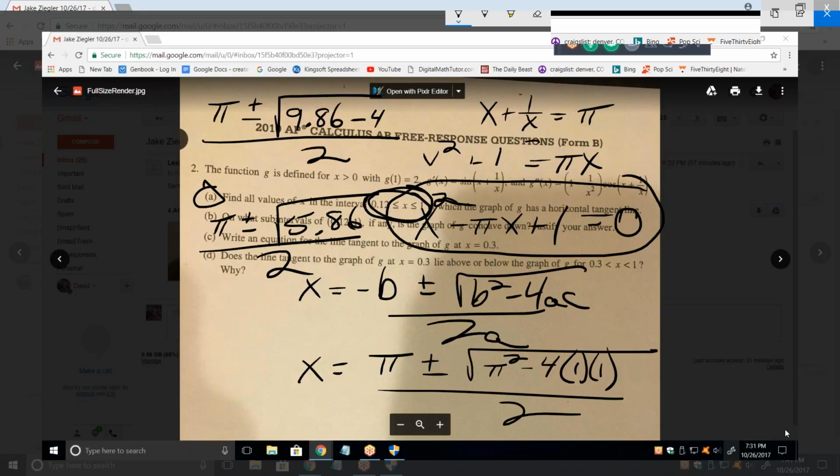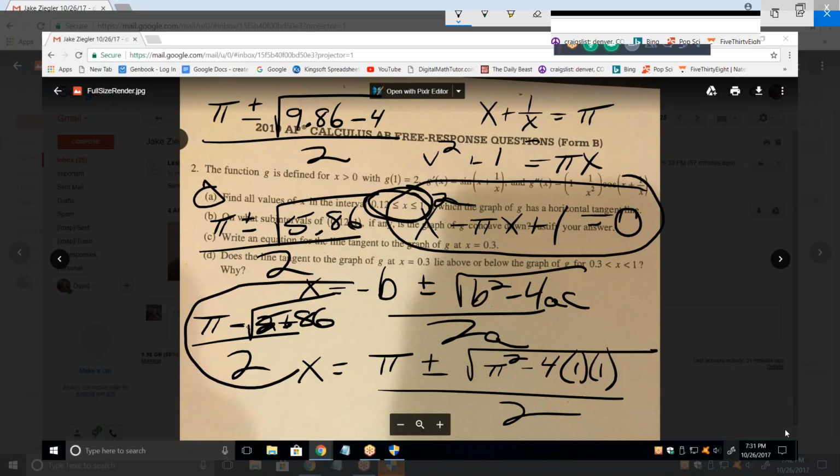The square root of 5.86 has got to be 2 and change, so it's got to be pi minus, not plus. So it's going to be pi minus 2 and change, all divided by 2. That's the answer: pi minus the square root of 5.86, divided by 2.